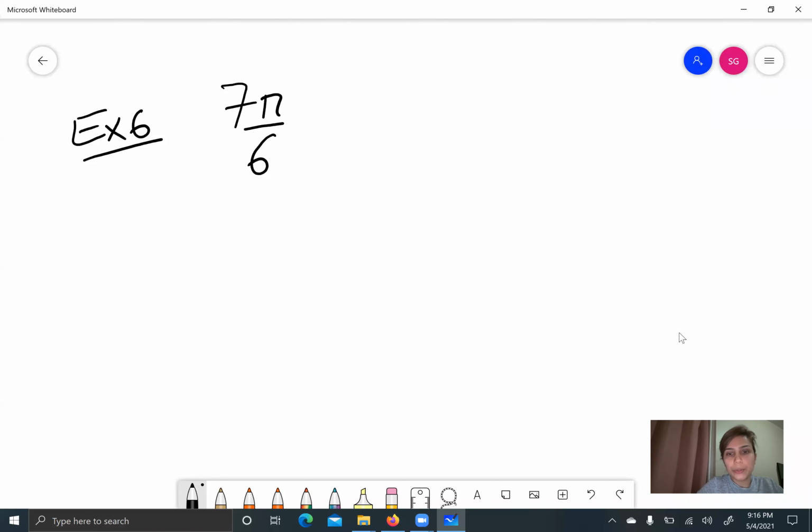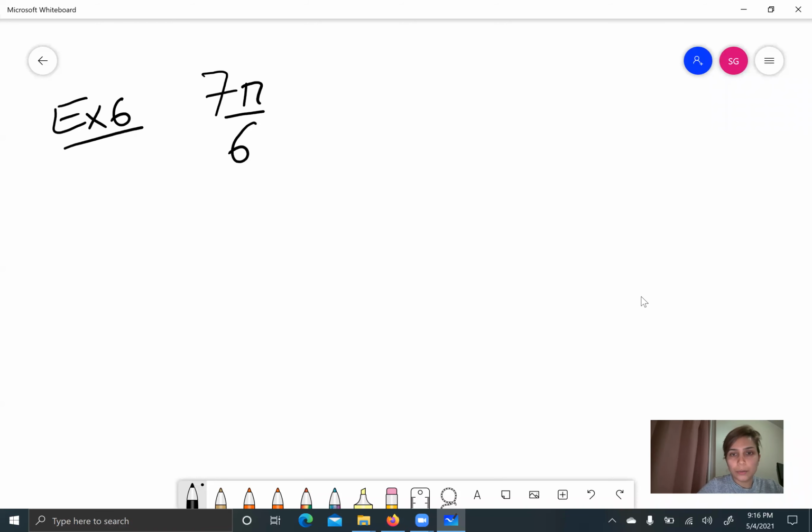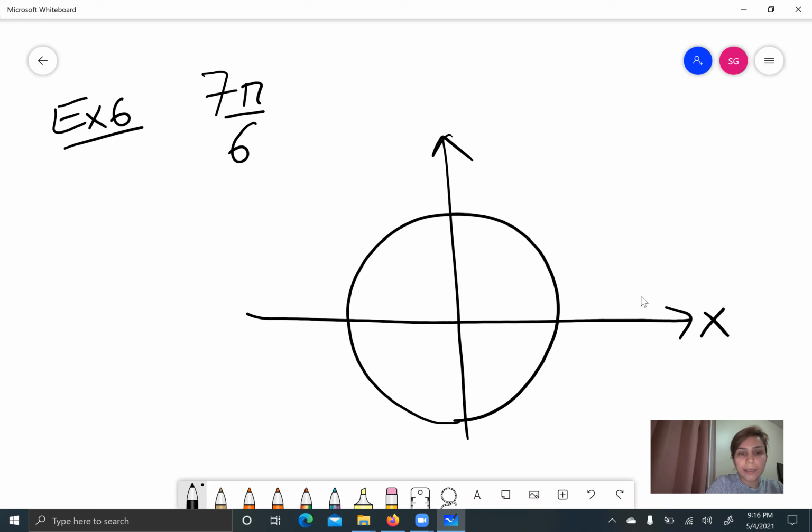Okay, so we are doing example 6, and I should show you one more time how to get to 7 pi over 6. This is x-axis, y-axis, unit circle. So 7 pi over 6. Look, if you rotate around the unit circle up to here, that's pi.